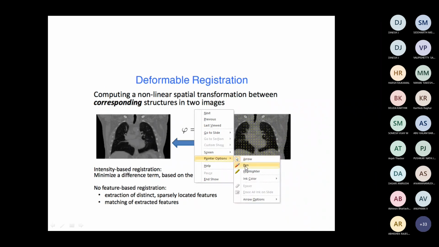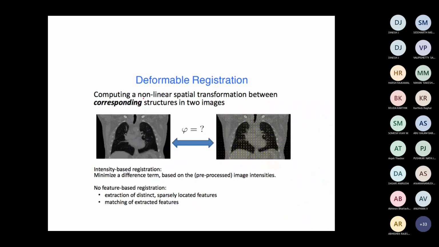For deformable registration, we have to compute a nonlinear spatial transformation. When it is rigid, it was linear, but here we have to identify the nonlinear spatial transformation between corresponding structures in the images. From here to here, some transformation has happened, and that transformation we need to identify.